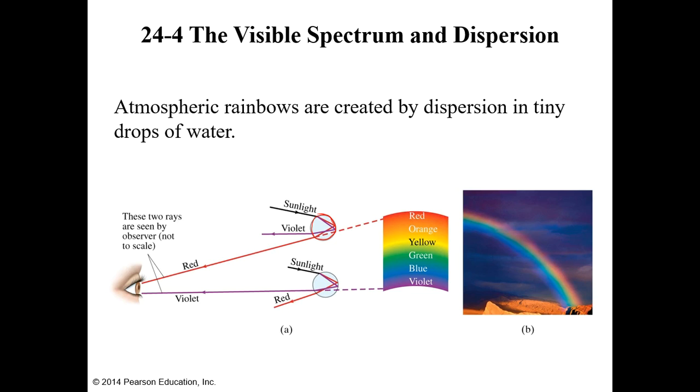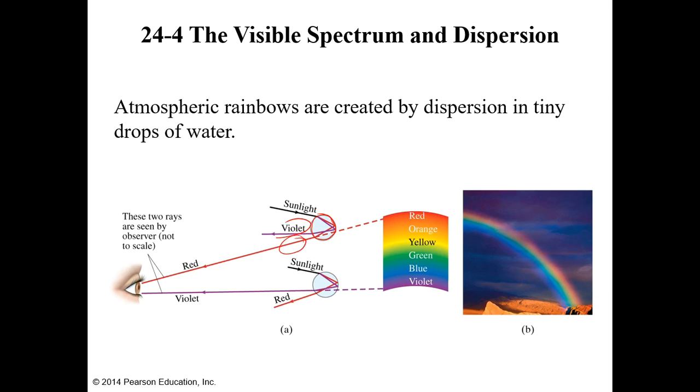The violet light is going to refract a little bit more, and the red light a little bit less. And then they both bounce off of the back side of the raindrop and move towards the front side of the raindrop. Because of the reflection, the colors actually cross each other and are reversed. So violet comes out on top and red light comes out on bottom.